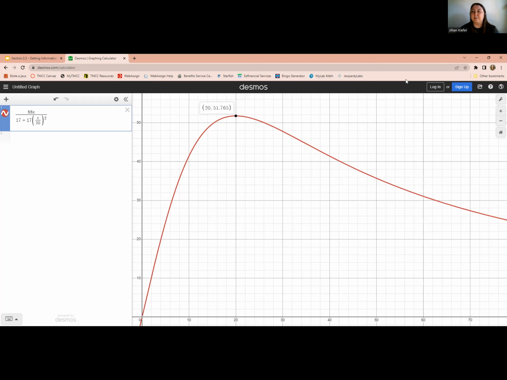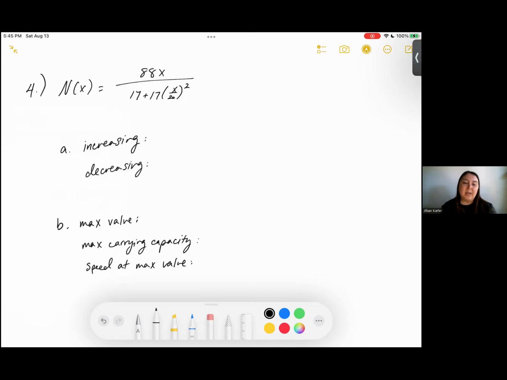All right, so for part B, we said that the maximum value was 51.765. That was the maximum value, and this was n of x. So we can scoot that over a little bit.